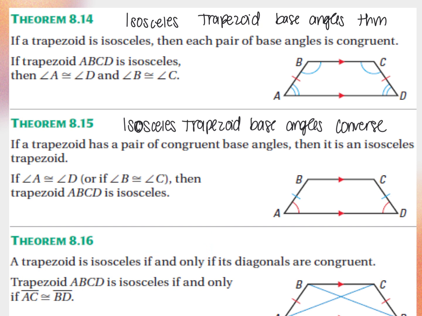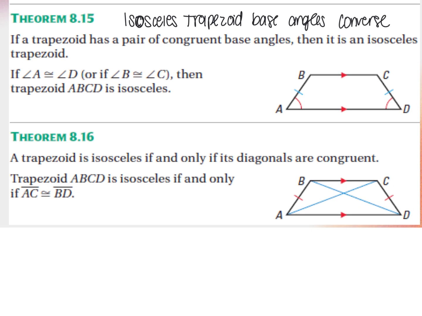Looking at the last one, it says a trapezoid is isosceles if and only if its diagonals are congruent. So this is the isosceles trapezoid diagonals theorem.